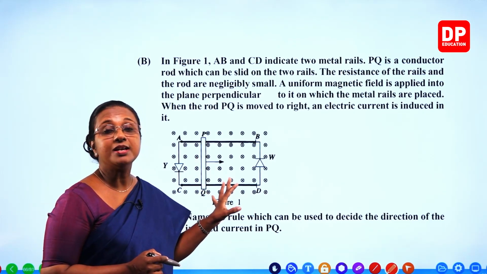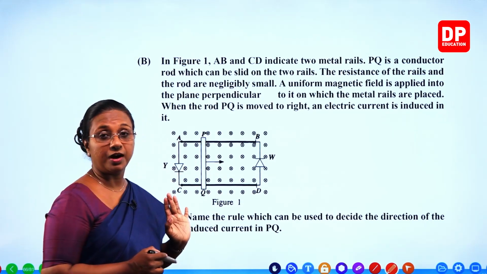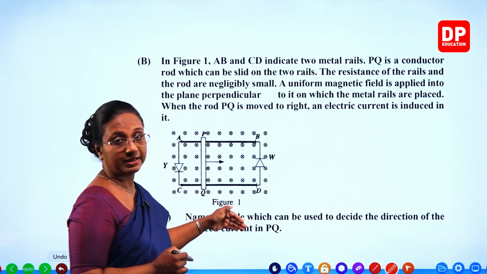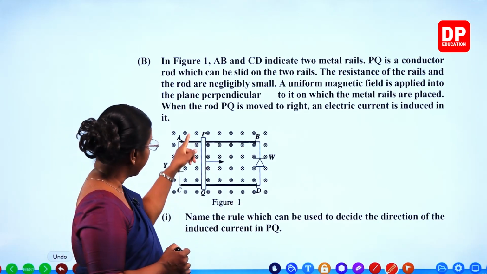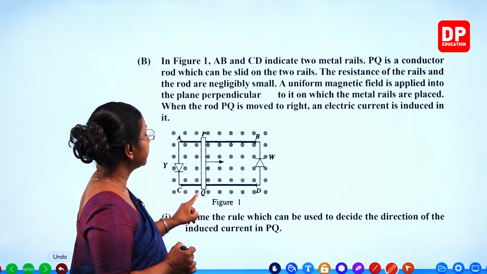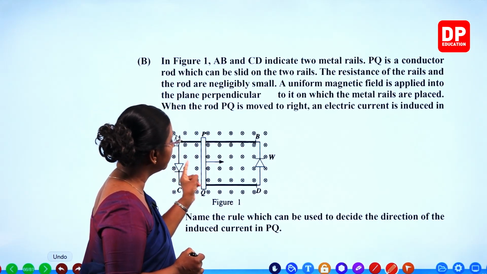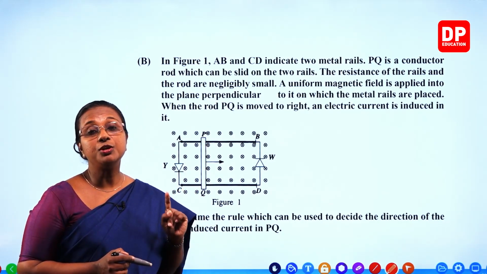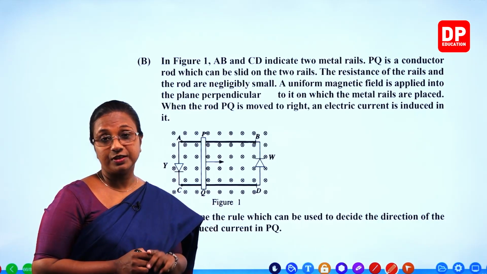So in order to understand the direction of current flow, when PQ is moving perpendicular to the magnetic field and the PQ conductor itself is perpendicular to both the movement and the magnetic field, then what is the rule used to identify the direction of the current?